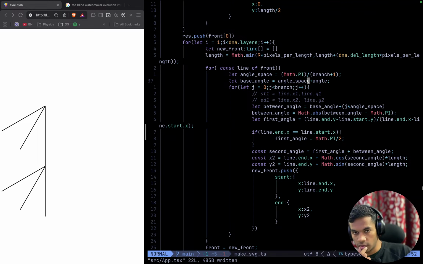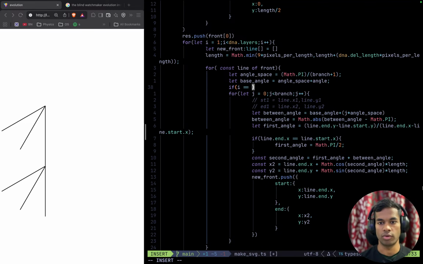No, it is not. For line on front, yes. Angle space is correct, and between angle is angle space plus angle, which is 90 degrees.